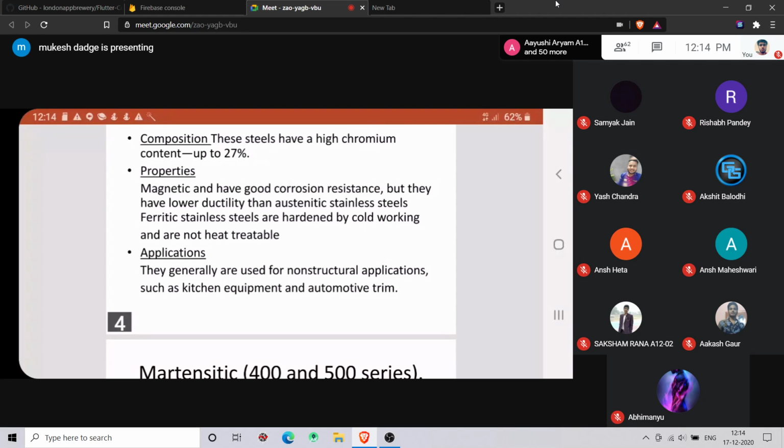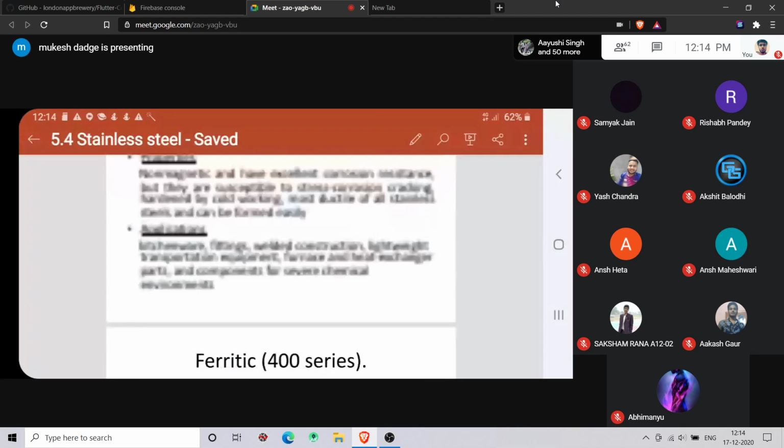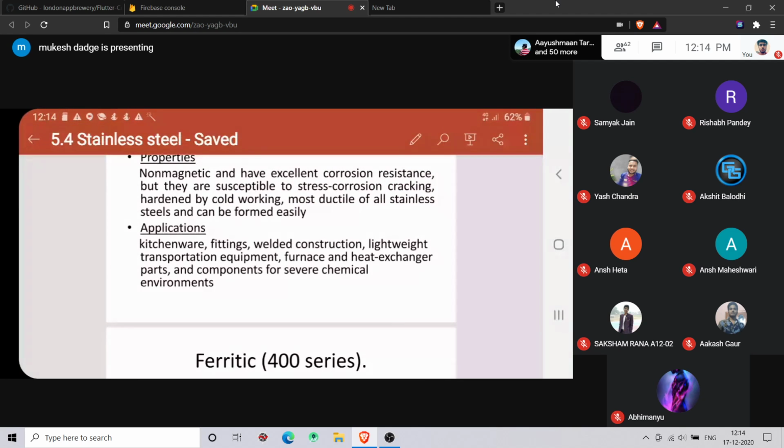Right? Look, kitchen equipment is here also, there also, right? So you must have seen in many places that some of your utensils in kitchenware get some cracking in them, right? If it is in very cold condition or in very hot conditions, right? So sometimes it is due to stress corrosion cracking.